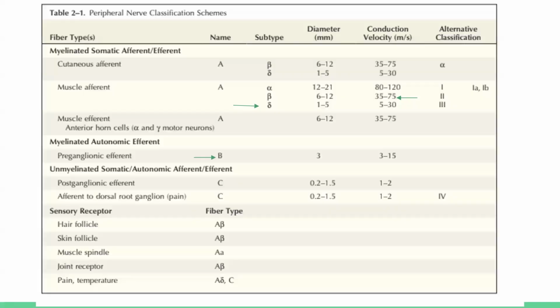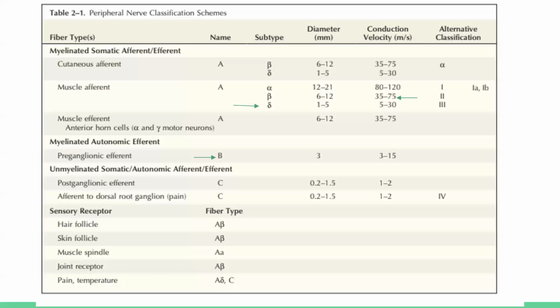A few remarks on the size of fibers. We have myelinated somatic and myelinated autonomic fibers, and then we have the unmyelinated somatic and autonomic fibers. There are lots of classifications of these fibers, but clinically relevant here is the size of the fibers. The small unmyelinated fibers and thinly myelinated fibers are not usually tested on routine electrodiagnostic tests.